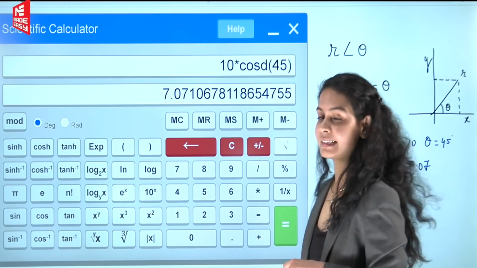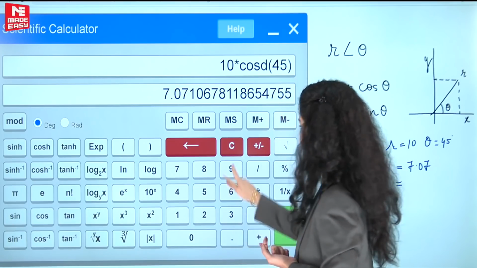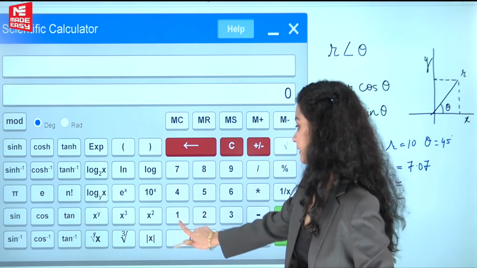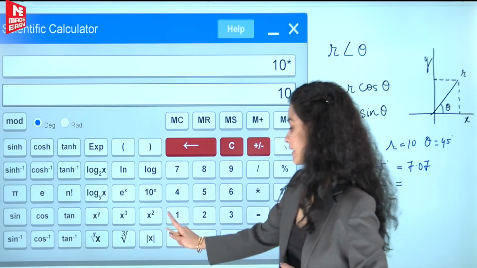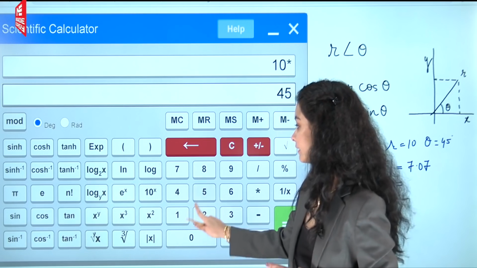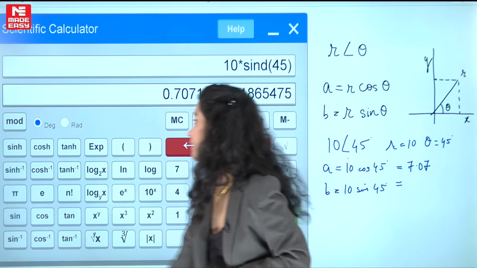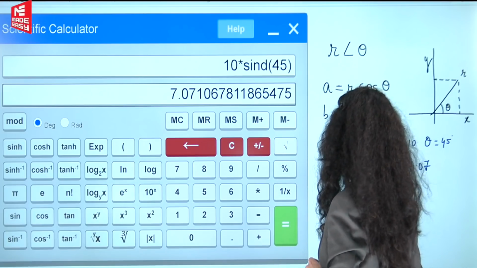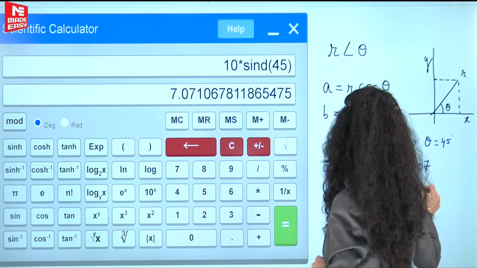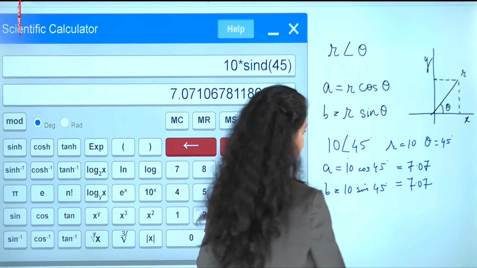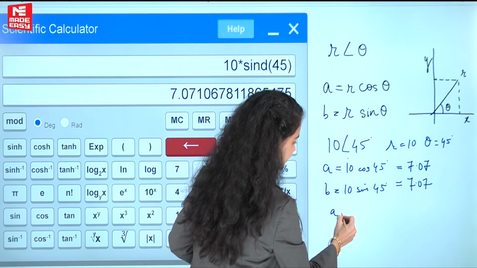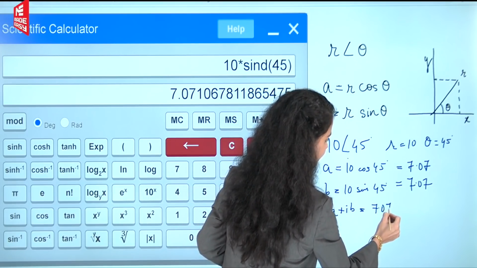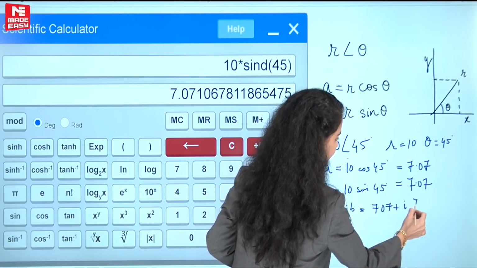To find out b, that is 10 sin 45, for this clear the previous calculation, press 10 into sin 45, enter 45 first and then sin, press equal to, that is again 7.07. So our rectangular coordinates, a plus ib, will be equal to 7.07 plus i 7.07.